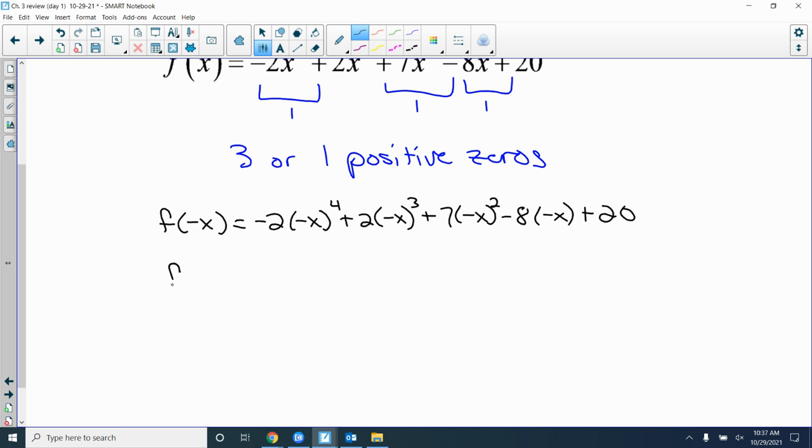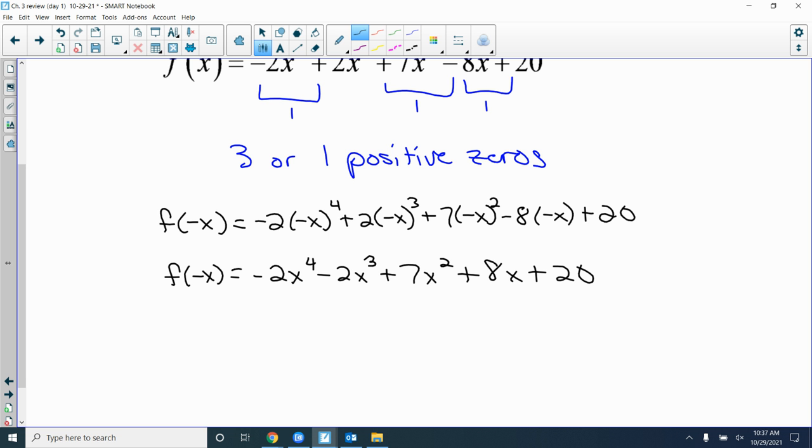So I get f of negative x equals negative 2x to the 4th. That will become minus 2x cubed. That will be plus 7x squared plus 8x plus 20. How many variations do we get? 1.